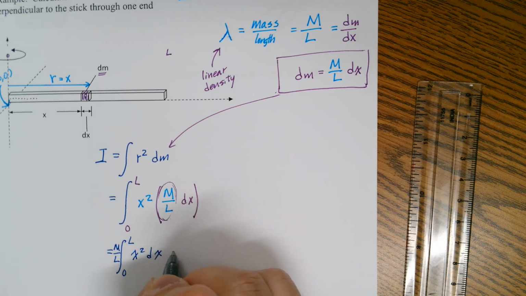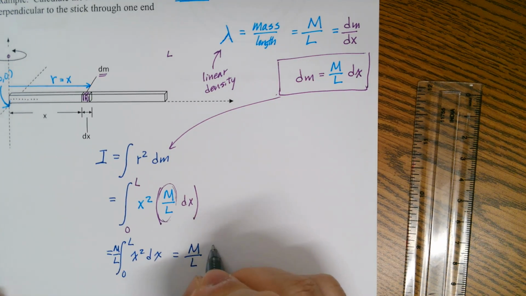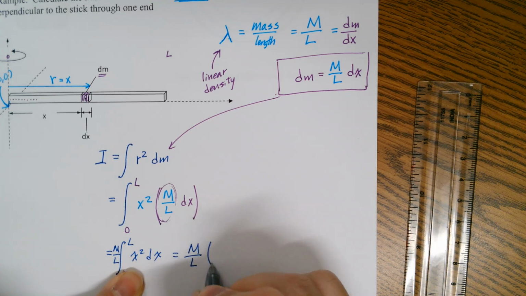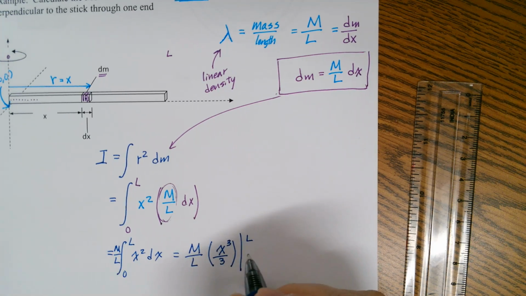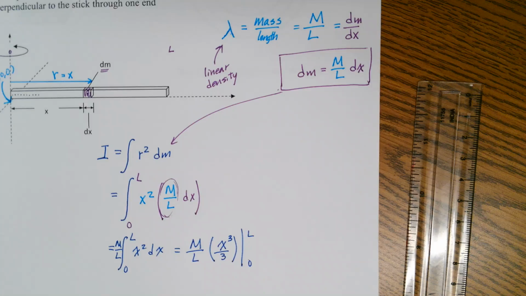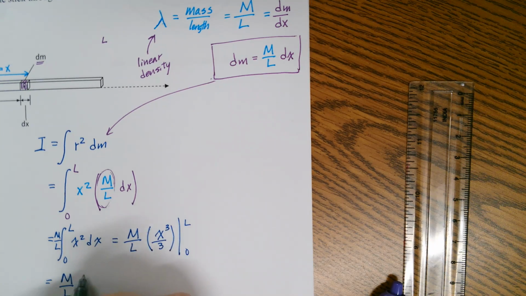Now it's easy, right? So m over L, if we integrate this, we know it's going to be x cubed over 3. Evaluate that from 0 to L. So m over L times L cubed over 3 minus 0 over 3.